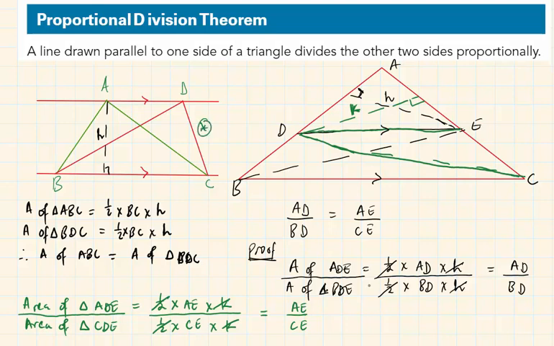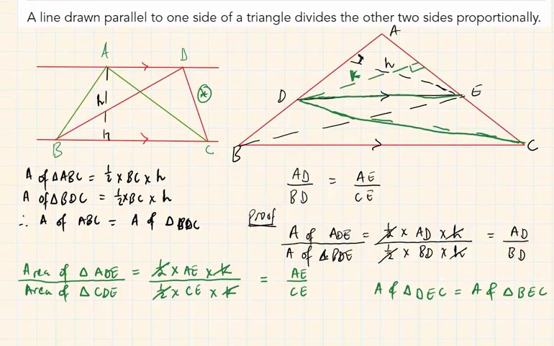So it follows that the area of triangle DEC is equal to the area of triangle BEC. So these two, based on this proof that we showed earlier. Now it's downhill from there.